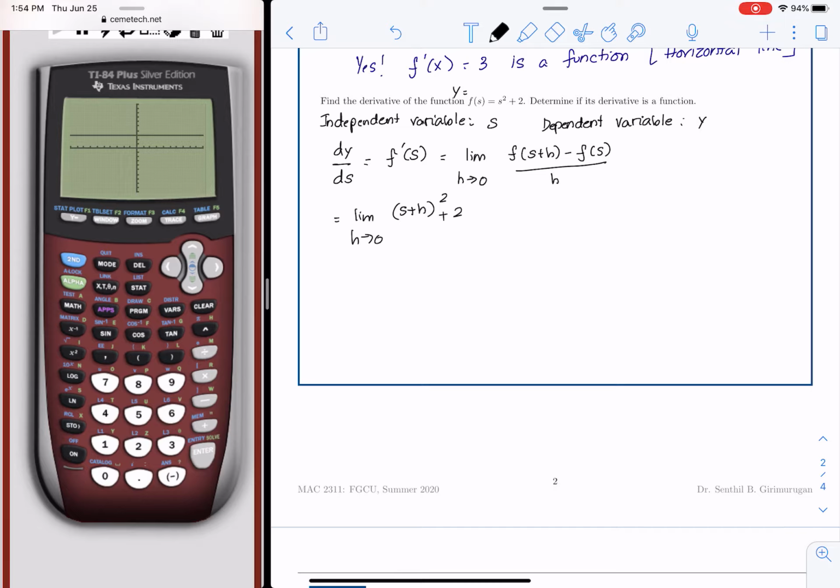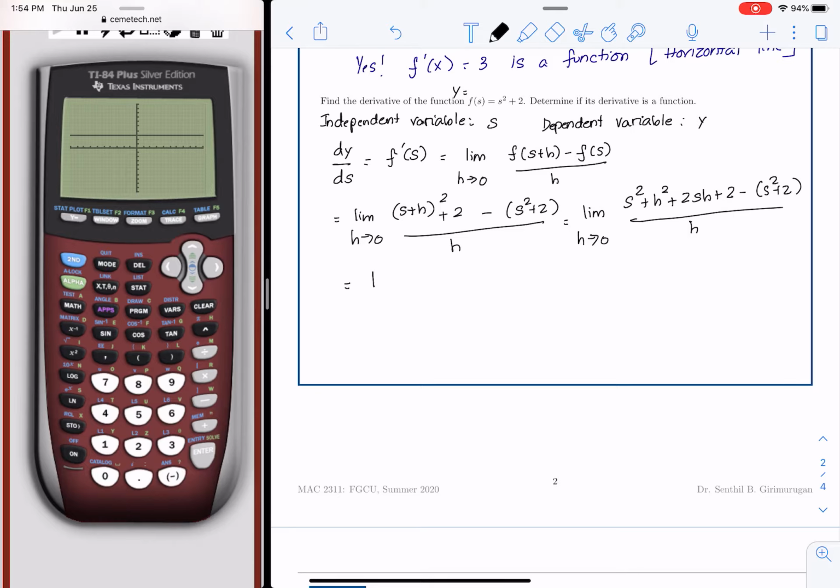Plus 2 minus s squared plus 2, divided by h. I could FOIL the numerator. I'd have s squared plus h squared plus 2 times s times h plus 2 minus s squared plus 2, divided by h.